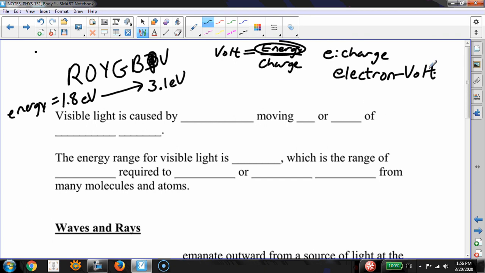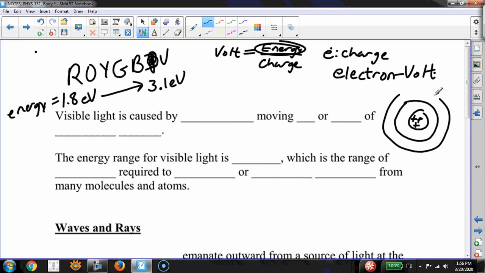It has to do with how much energy it takes in the atom to go from one electron orbital to the next. So this is a very simple model of the atom. There's our nucleus in the middle, and these electrons can move in between energy levels.